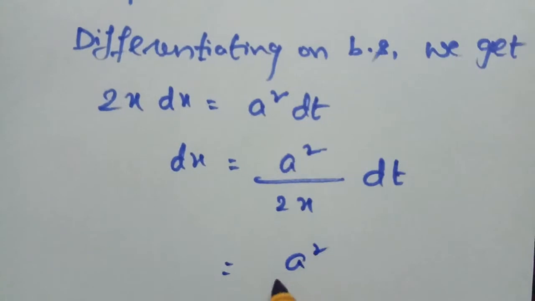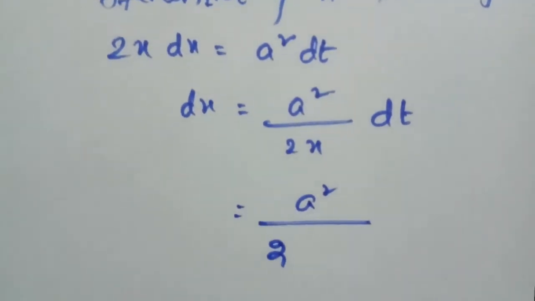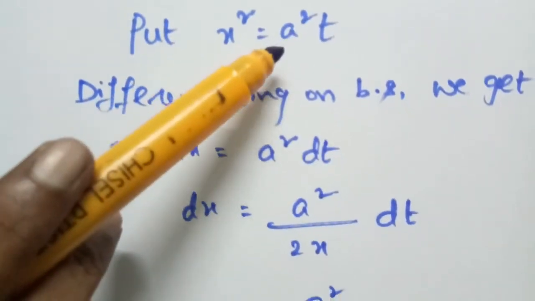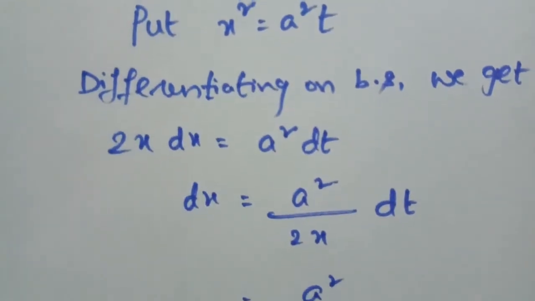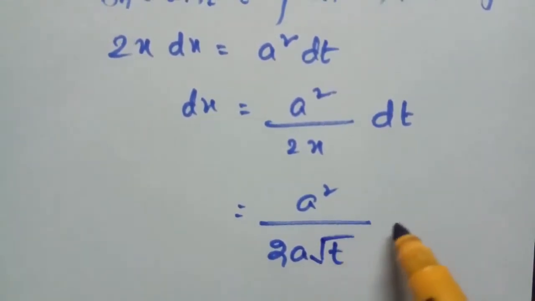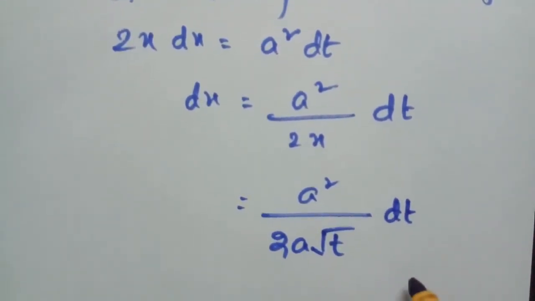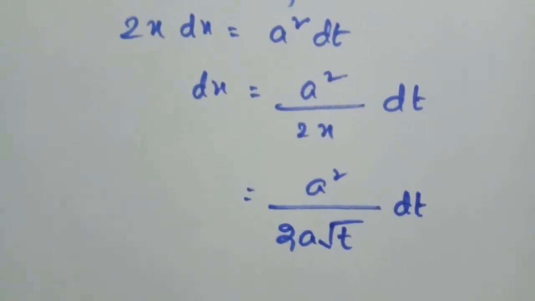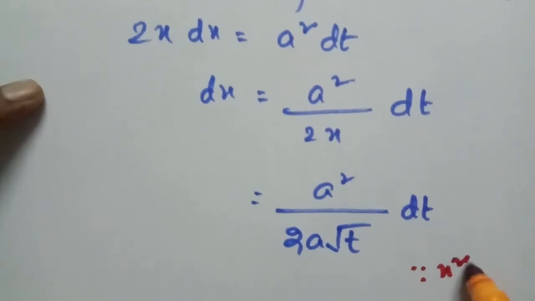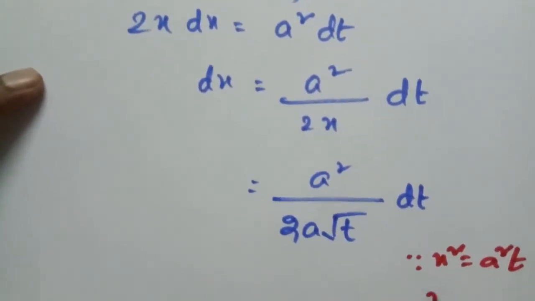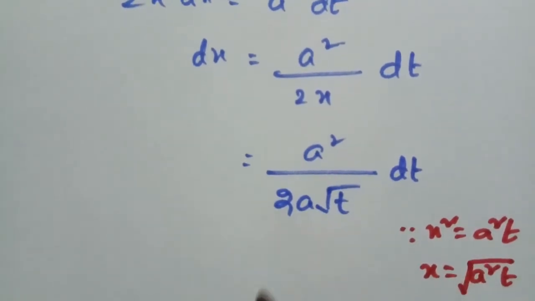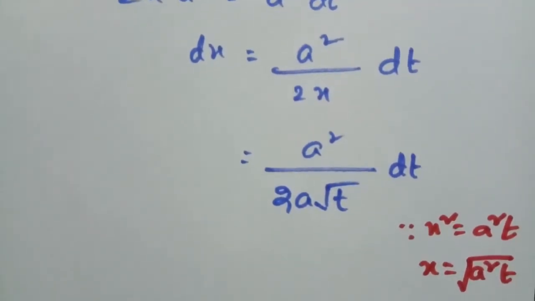Therefore, a square by 2 into the x value. Since x square is equal to a square t, therefore x is equal to square root of a square into t, that is a into square root of t, into dt. This is the value.